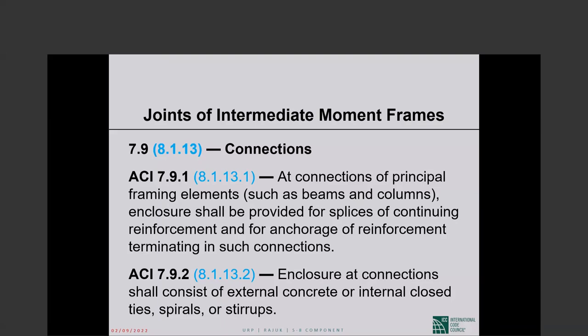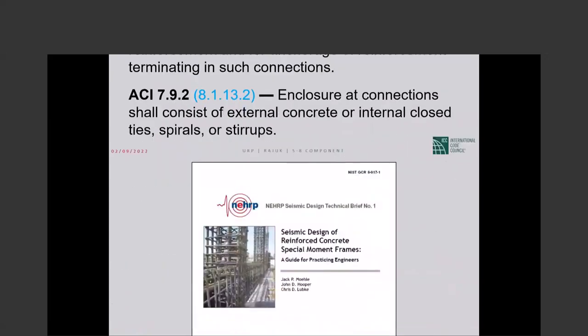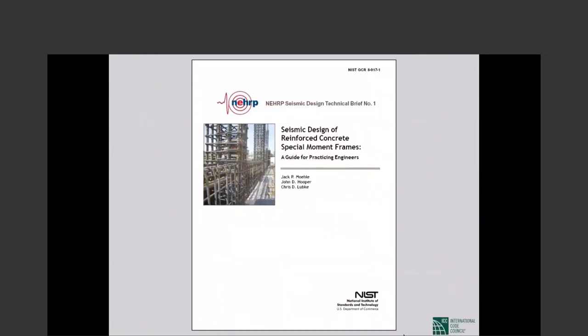Yes, the anchors have to be enclosed. Then it says enclosure shall consist of external concrete or internal closed ties, spirals and stirrups. I don't know that it adds anything to what you already know, but this is a basic non-seismic requirement that I wanted to mention to you.